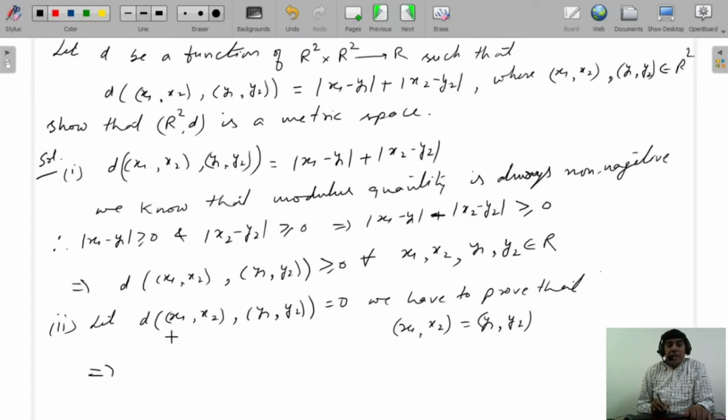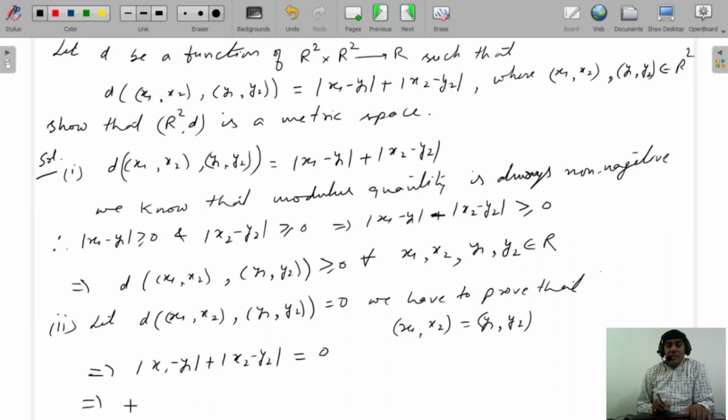As d is equal to 0, by definition of the function d, modulus of x1 minus y1 plus modulus of x2 minus y2 is equal to 0.